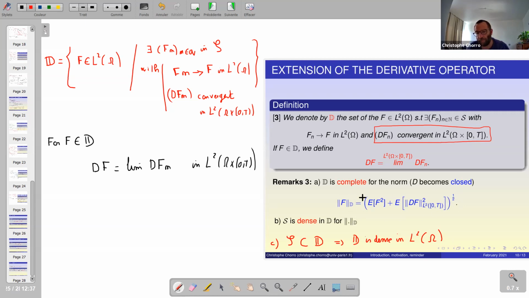What is this norm? A norm that takes into account the convergence in L2 of omega, it's this part here, and the convergence in L2 of omega times 0 capital T of the derivative.